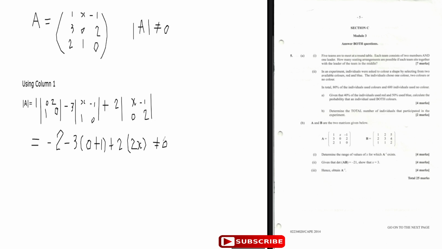So solving this, we have minus 2 minus 3, which is minus 5, plus 4x, and this can't equal 0.